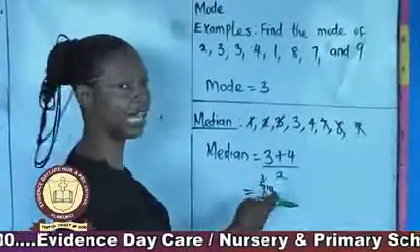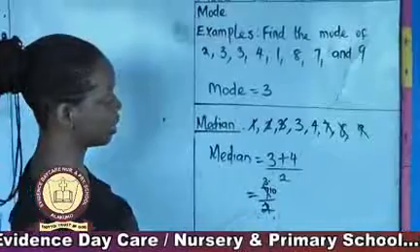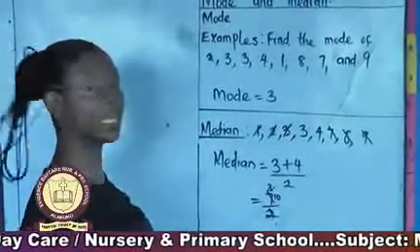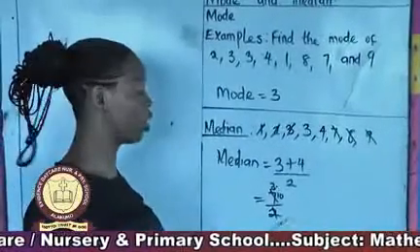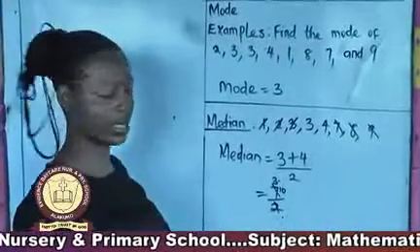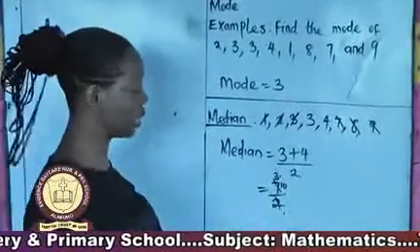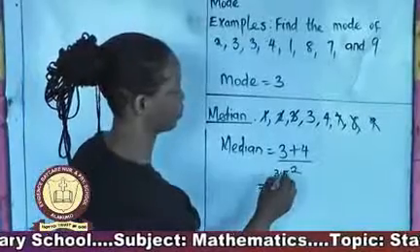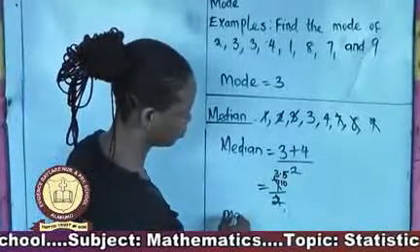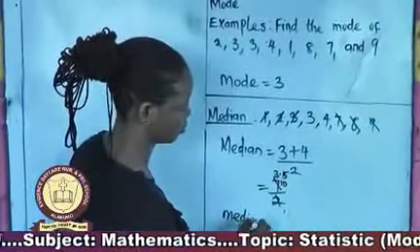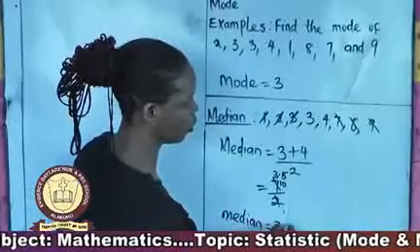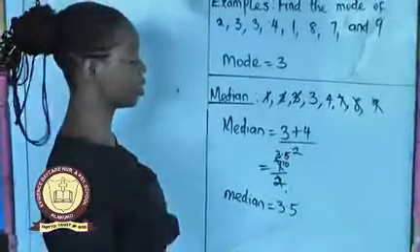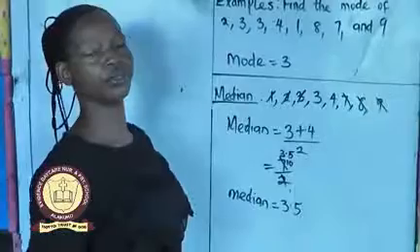It shows that 2 cannot go in this one. Now you have 10 here. It shows that 2 can go in 10, isn't it? How many times can 2 go in 10? You will see that you have 5. So your median is equal to 3.5.